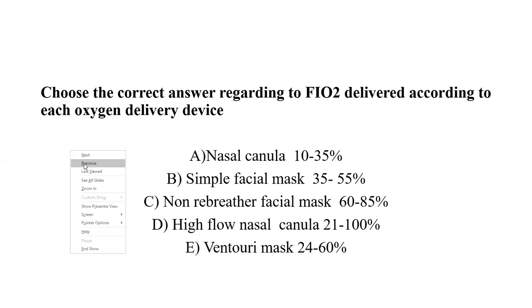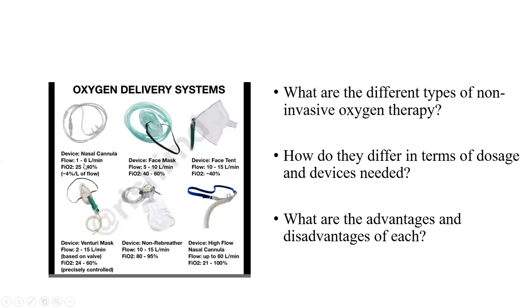Venturi also can give 24 to 60%. Meaning that the true answers are D and E. Do you see that? Yes.